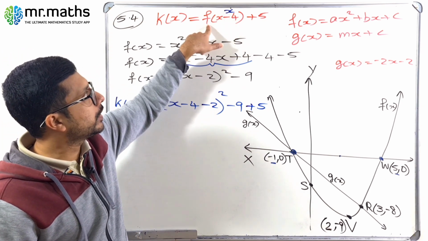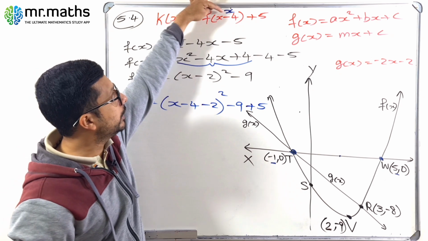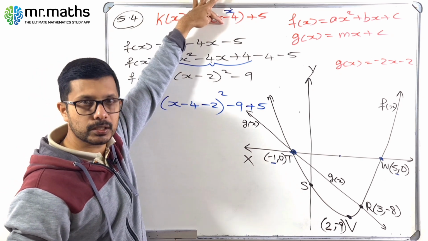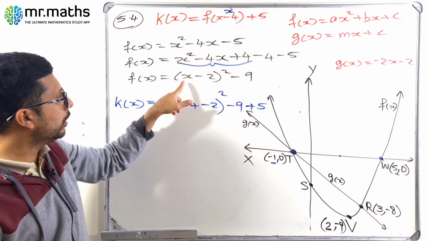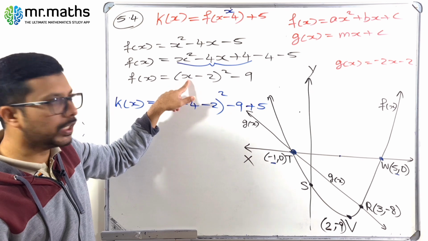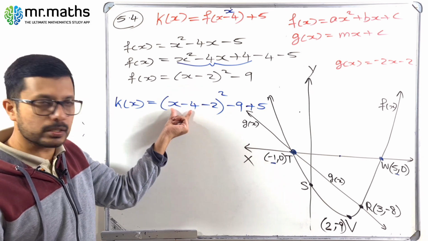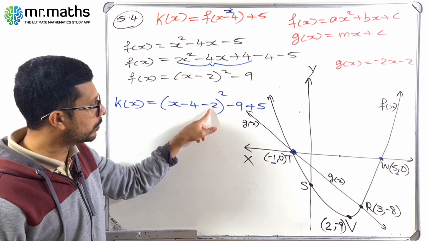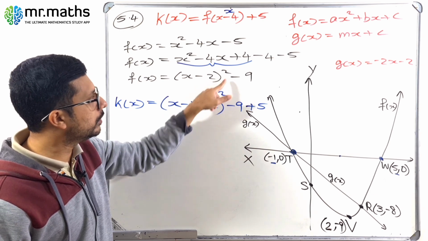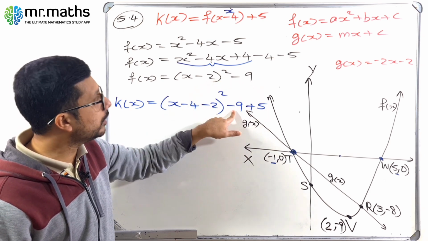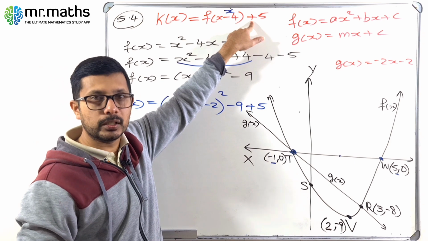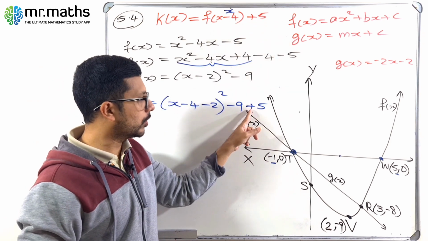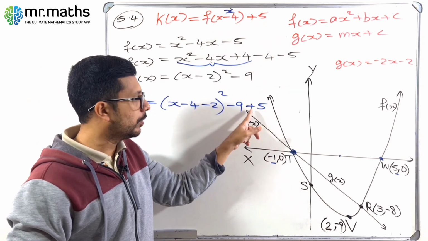Normally we write f of x, but they changed this x to x minus 4. So in this f of x, we change this x to x minus 4, minus 2 the whole square, minus 9. Then they did one more thing, plus 5. We have to do that also to get k of x.